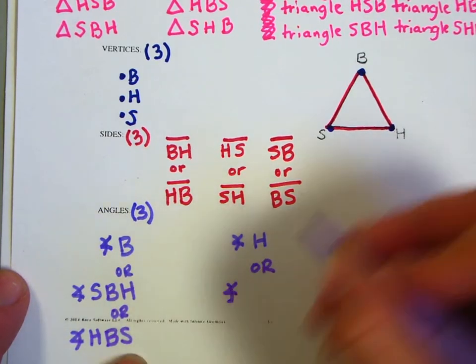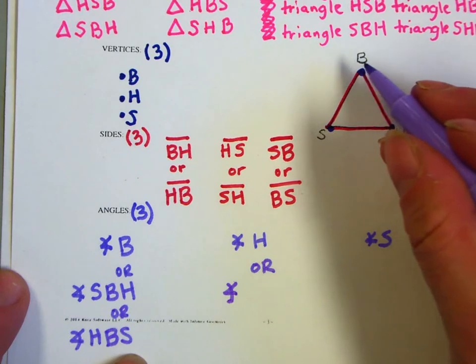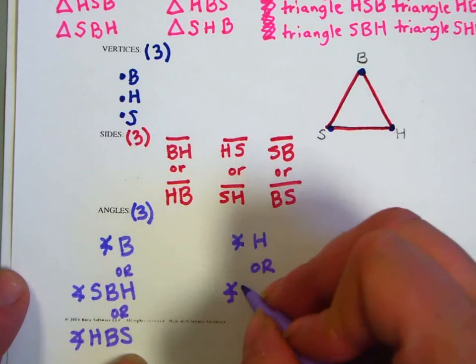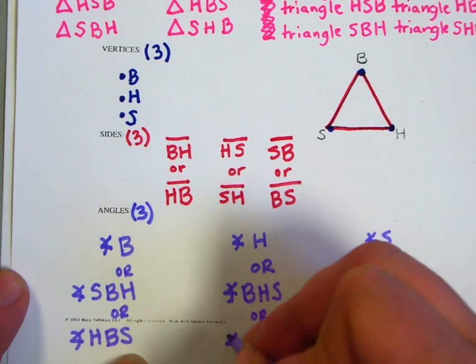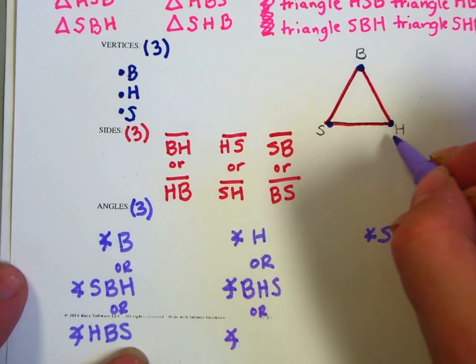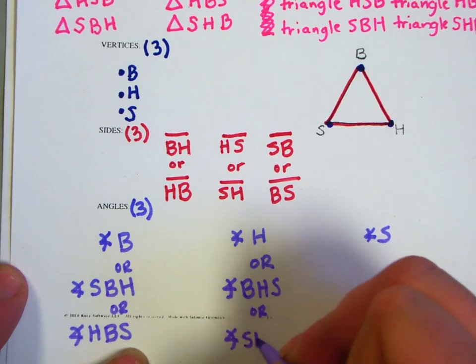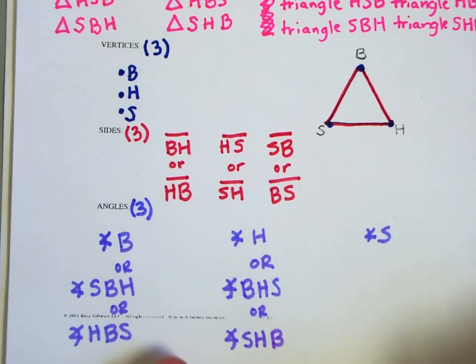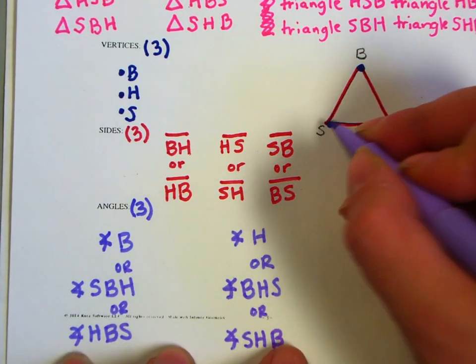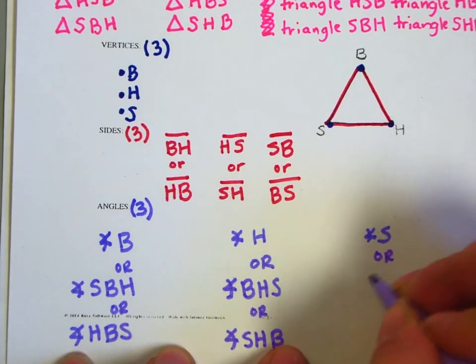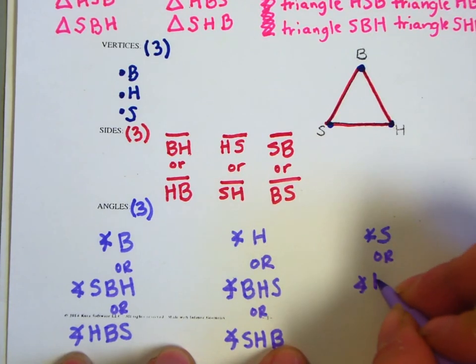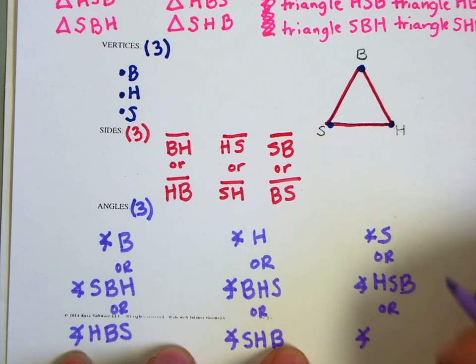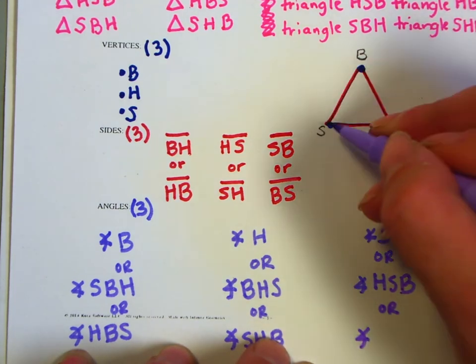So if H is our vertex, we could name this angle angle BHS. Or we could name this angle angle SHB. And lastly, if S is our vertex, we could name this angle angle HSB. Or angle BSH.